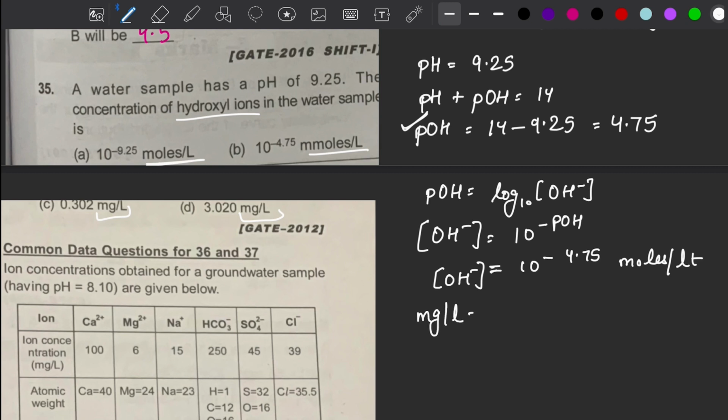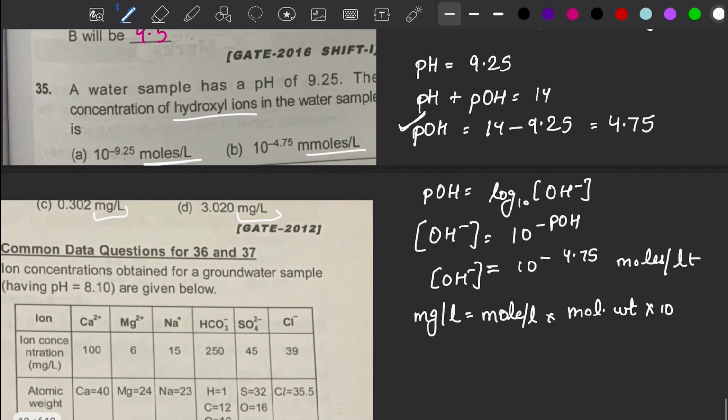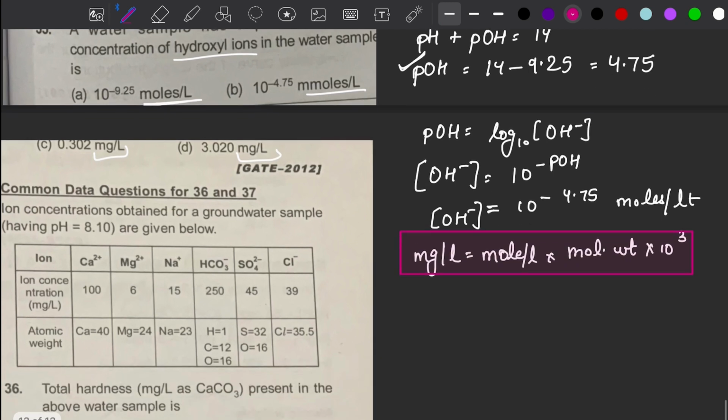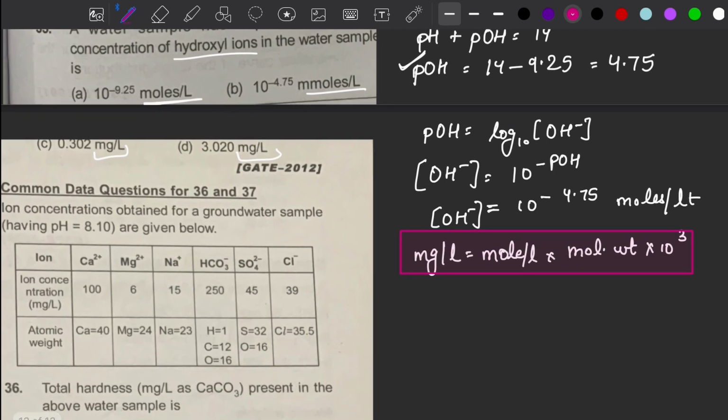Milligram per liter is equal to mole per liter into molecular weight into 10 to the power 3. So taking 10 to the power minus 4.75 moles per liter, the molecular weight of OH minus ion is 17, times 10 to the power 3.